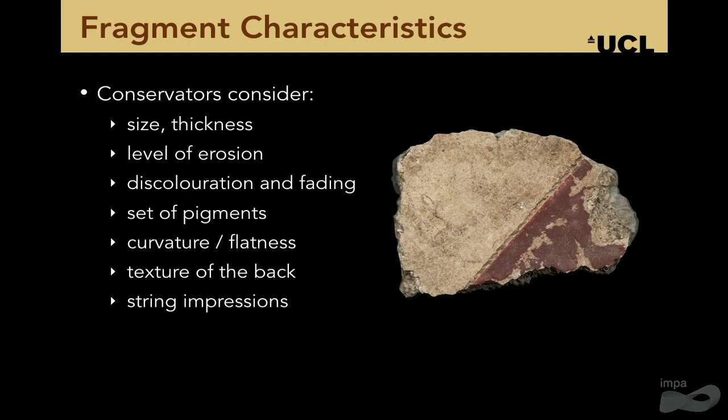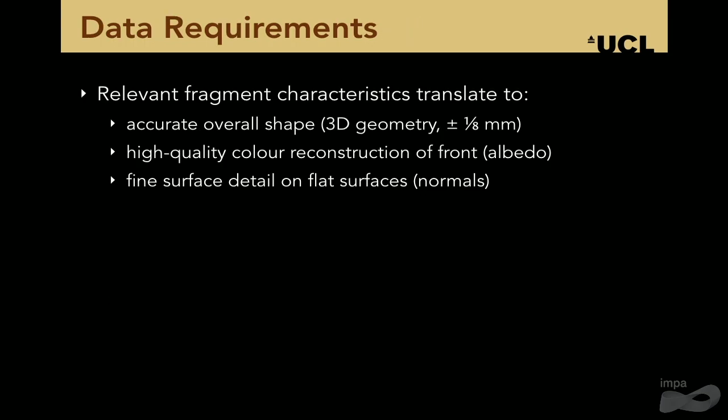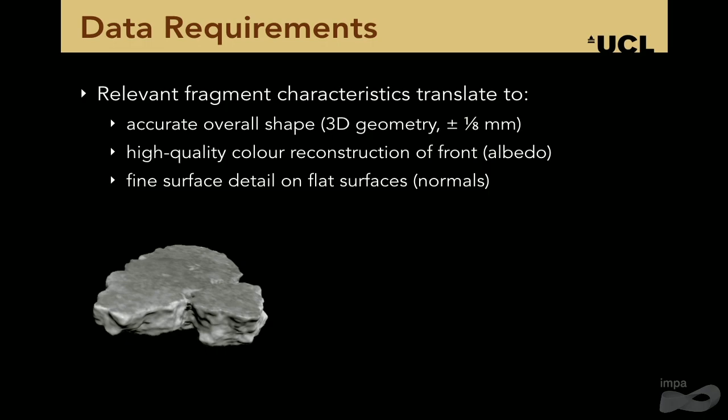So the trick was, can we identify a hard subset of aspects to acquire that correspond to these criteria that the conservators care about? And it turns out you can pretty much simplify it to say, as long as the geometry itself is about 1/4 millimeter resolution, you're good. You care about color, but you only care about color at the front, at the painted surface.